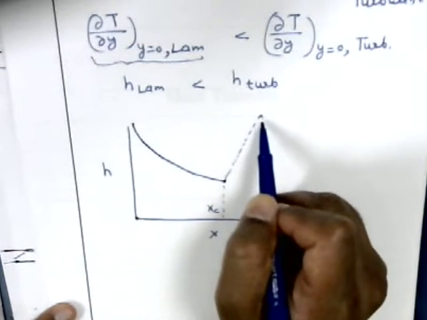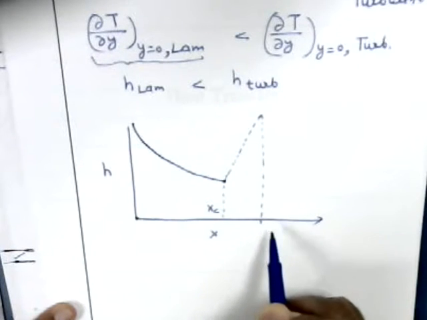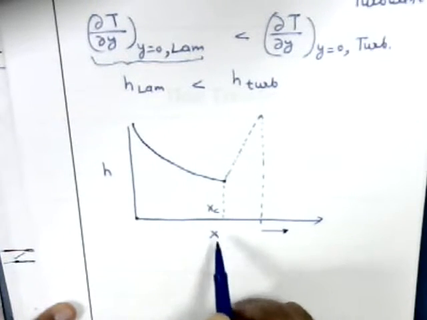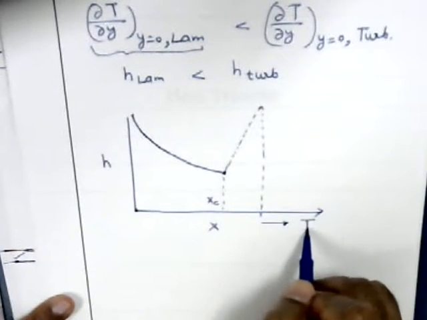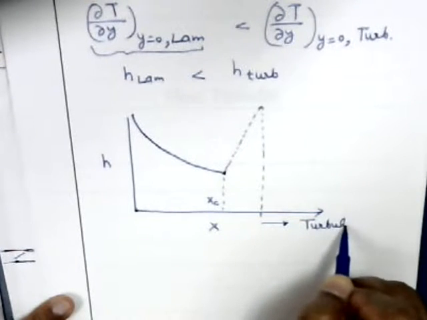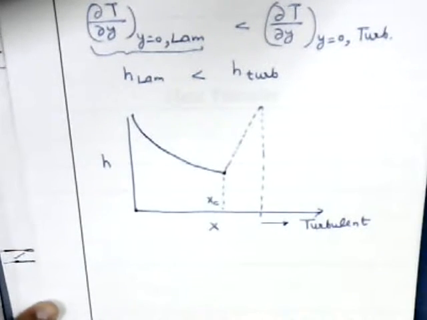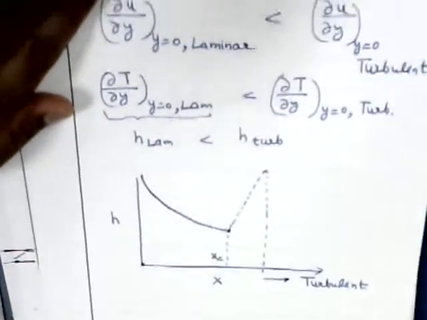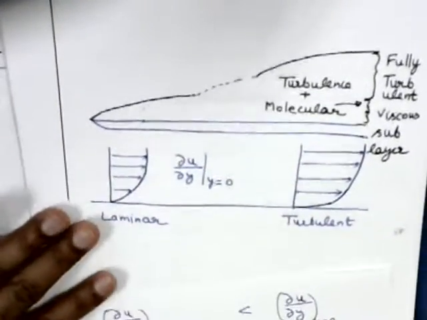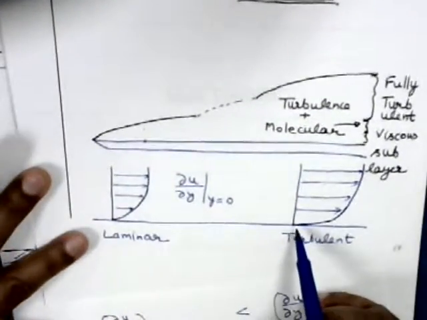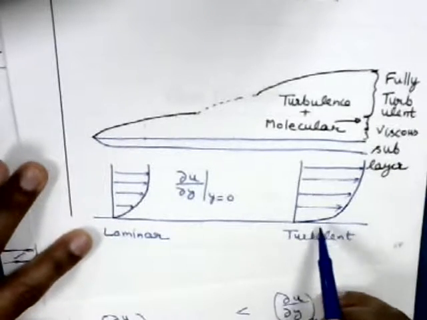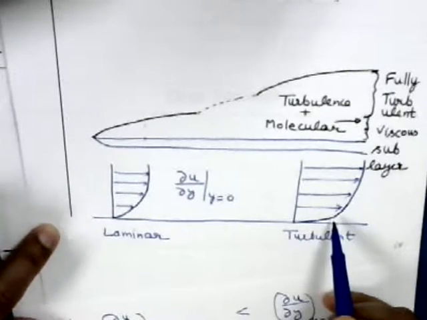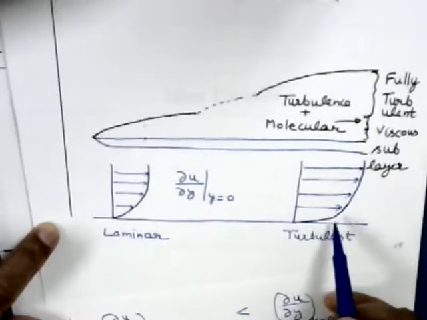Okay. So beyond this point, the flow is always turbulent. It's fully turbulent. Okay. And in the turbulent boundary layer, because the temperature gradient at the wall is greater, the convection coefficient is actually higher.